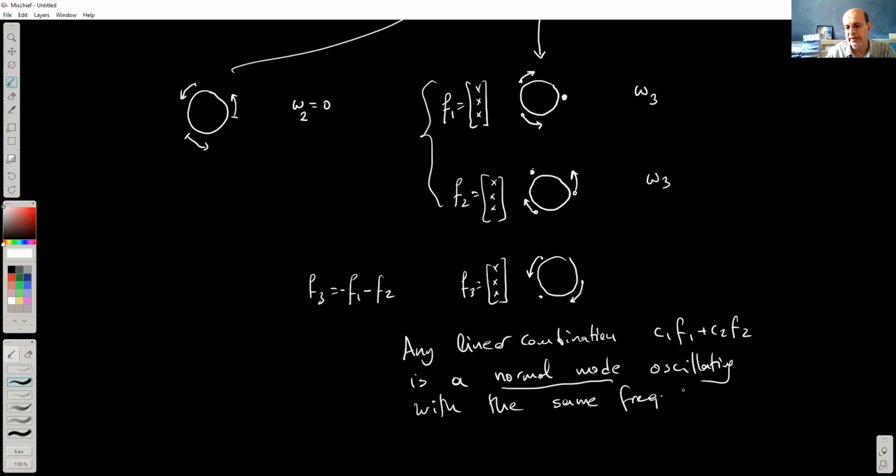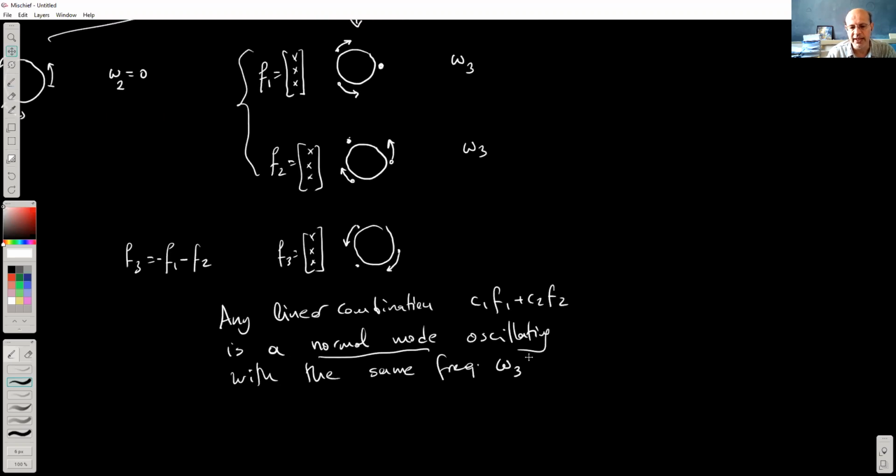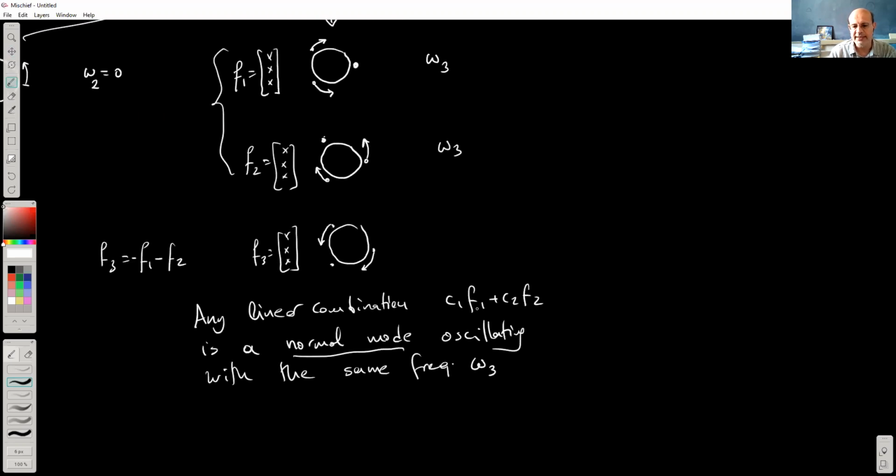That's equal to omega 3, right? Let's say it like this. So as a result, if you have two normal modes that have the same frequency, you can take linear combinations of them, and you still have a possible normal mode as well.